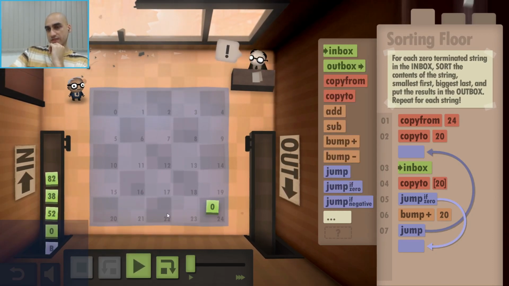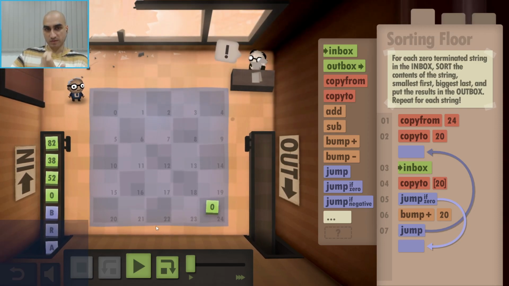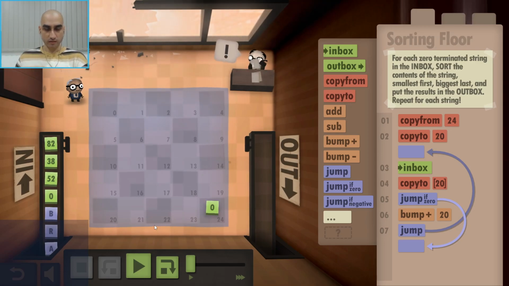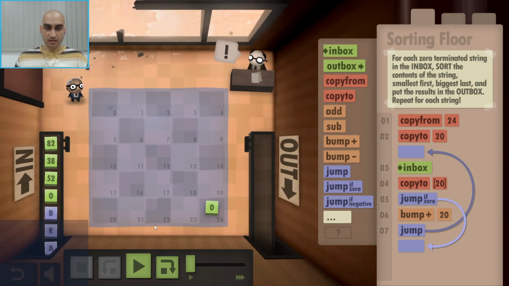Okay, so bubble sort says you look at the first 2 numbers, you swap them if you need to. So the smallest goes to the left and so on. And you look at the next 2 numbers, swap them if you need to, and do that all the way to the end of the string. And then do that whole thing again n times. And then you're guaranteed all the numbers fall into the correct place. So we need an outer count and an inner count.